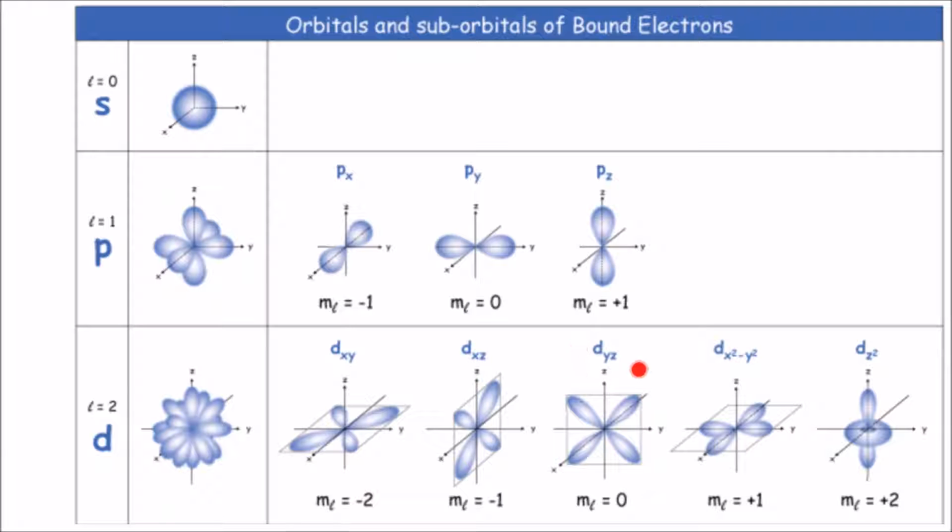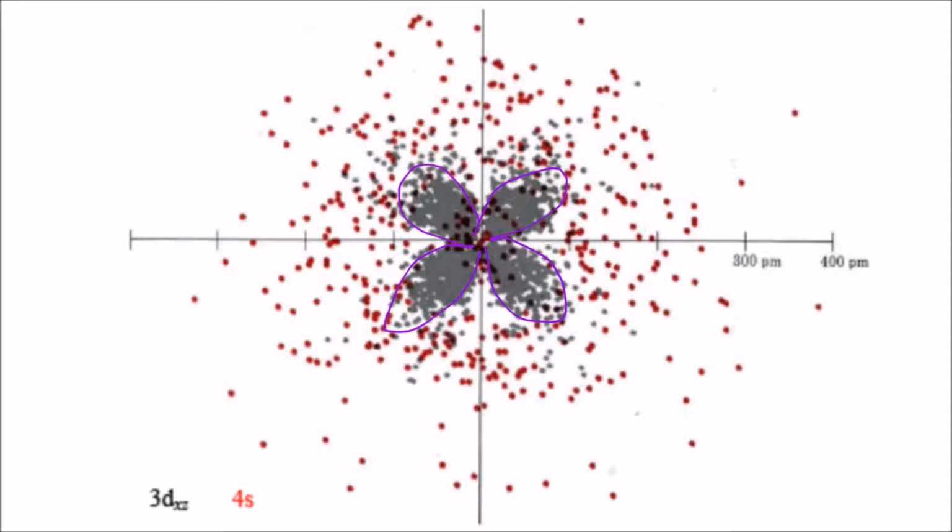To me it looks like a YZ, but apparently this image was taken from the XZ view. Anyways, this is on the picometer scale, which shows you how very small this is. If this is 300, then that's 200, there's 100.